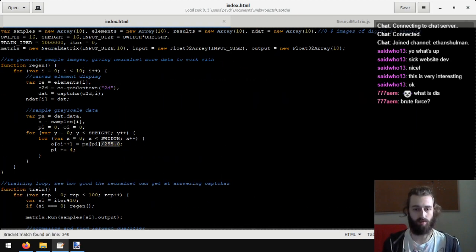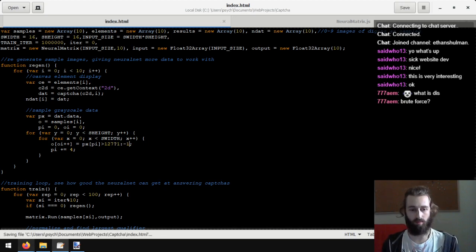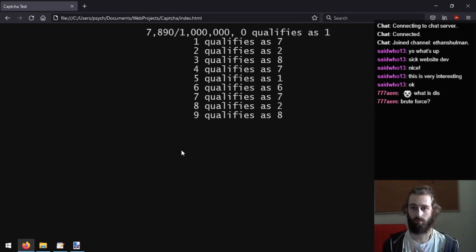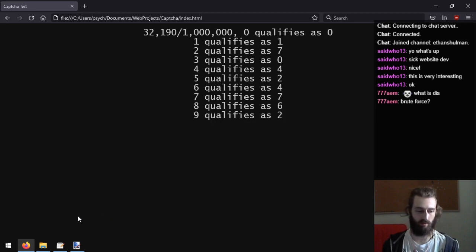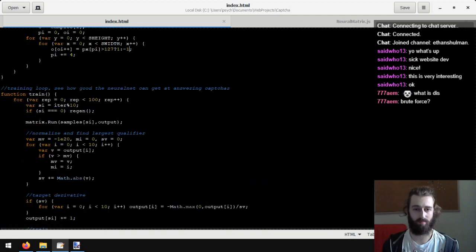When I do the samples here, so if bigger than 127, 1 or negative 1, so now I can also use the negative values, I think.